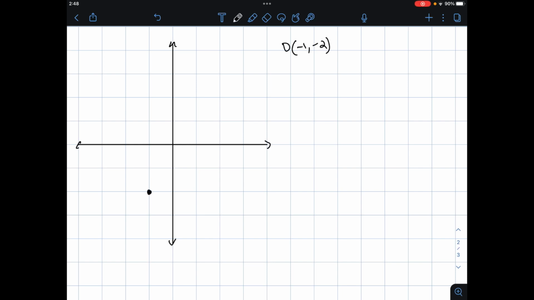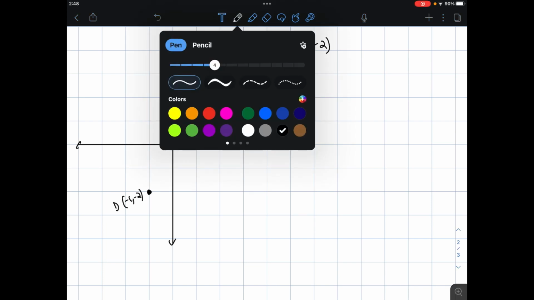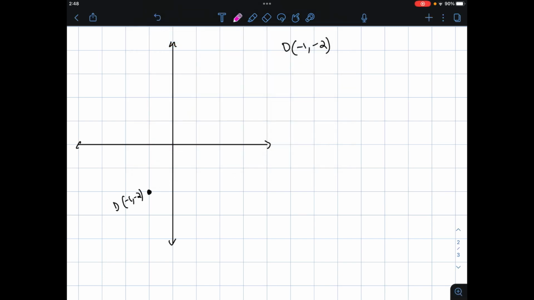So I'm going to put D here, -1, -2. By the way we define doing trig on this point, I'm going to draw the hypotenuse to the origin. I am going to drop a perpendicular to the x-axis, which in this case is now going up. And then the last side of my triangle is formed by the x-axis.